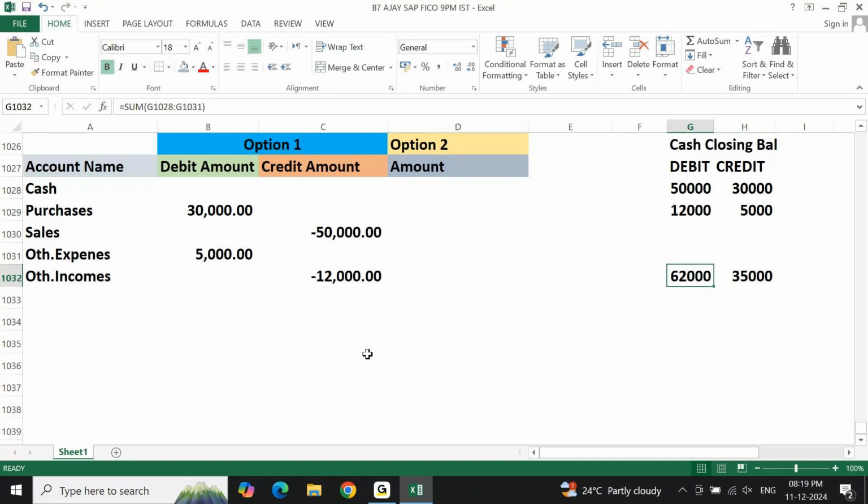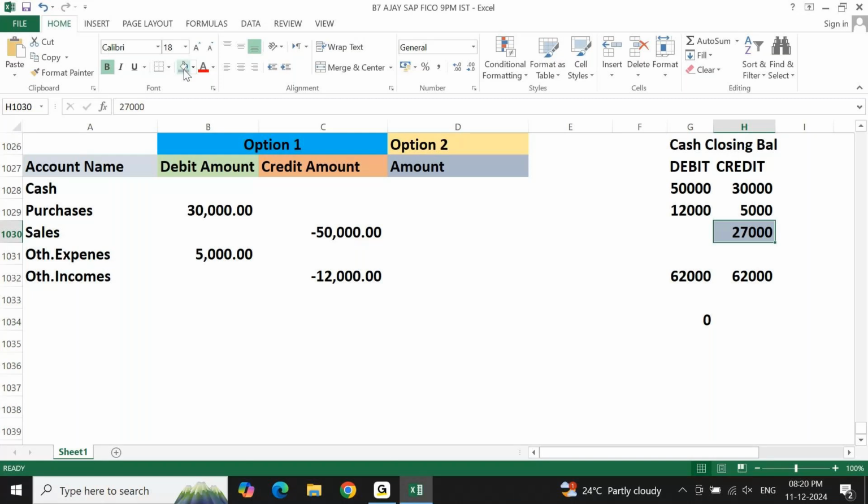In short, the missing figure is the closing: how much? 62,000 minus 35,000 is 27,000. To make it equal, 27,000, I need to put it on the credit side. Correct? Now this becomes equal. This 27,000 is represented as the cash closing balance.